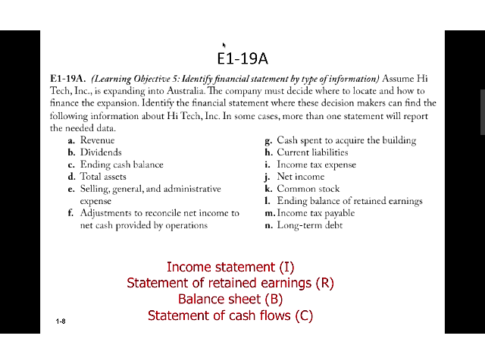So in this homework exercise, exercise 1-19A, we have to decide for each of these items which statements these items would be found on. And the answer can be one of them, two of them, three of them, or all four statements. So we have the income statement, the statement of retained earnings, the balance sheet, and the statement of cash flows. Again, I've listed those in the order in which they would be presented.